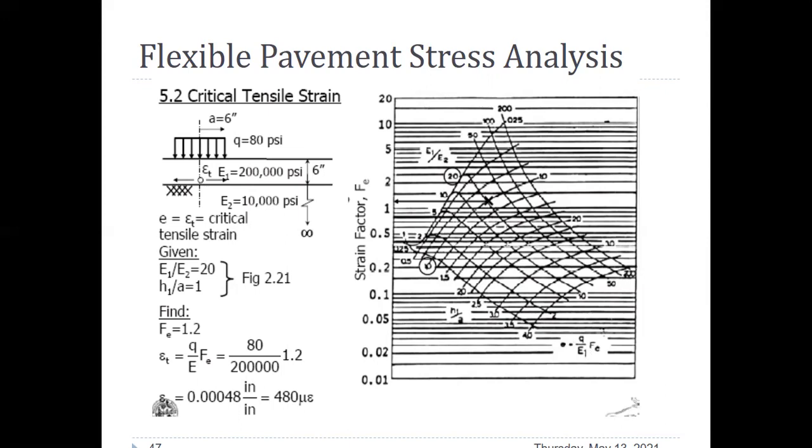We have been given a contact radius of 6 inches, tire pressure 80 psi, E1 200,000 psi, E2 10,000 psi. We are interested in knowing this strain, and obviously we're going to use this chart. First, we calculate E1 over E2, which is 20, and then H1 over A, which is 1.